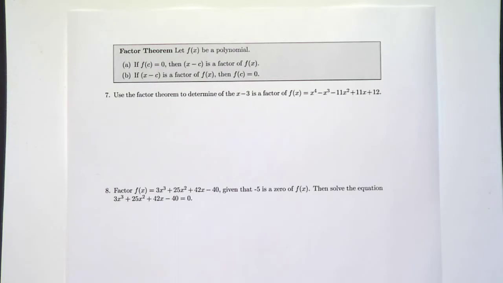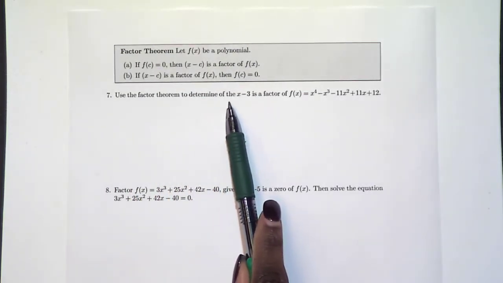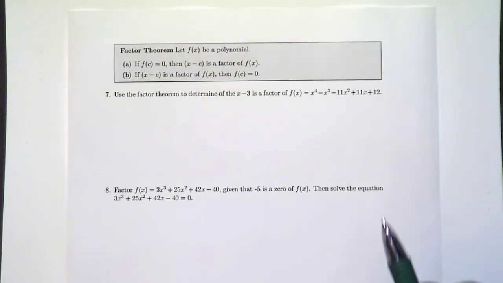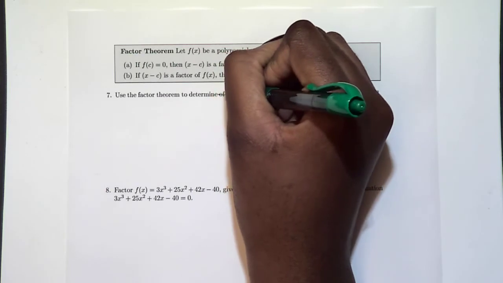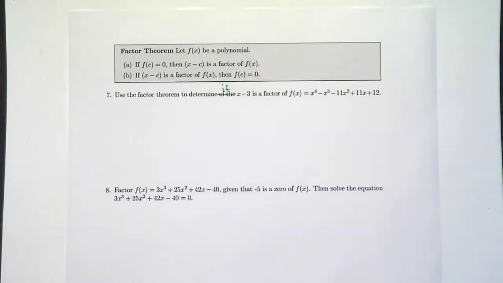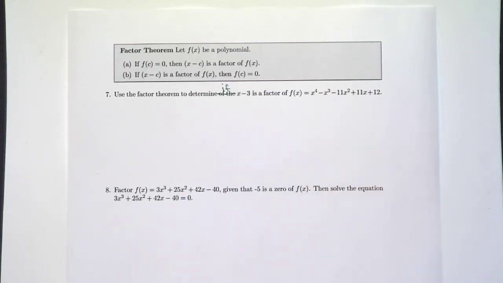So let's talk about how that works. It says use the factor theorem to determine, oh, this should say if, if x minus 3 is a factor of this polynomial. Okay, so let's check it out. All right, so how do we determine that?